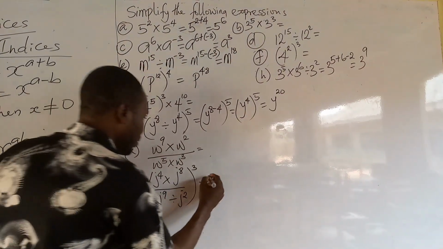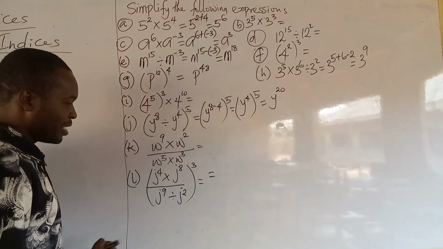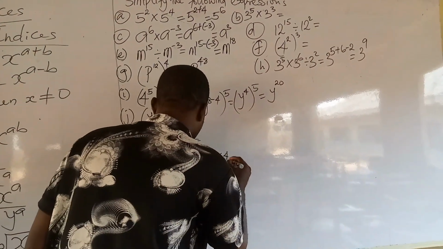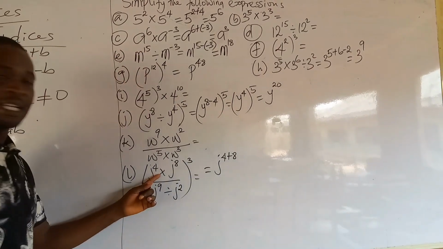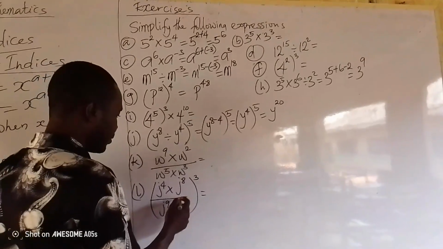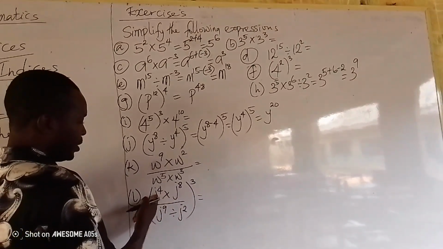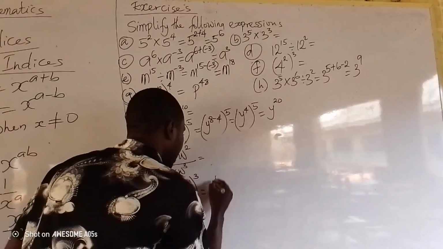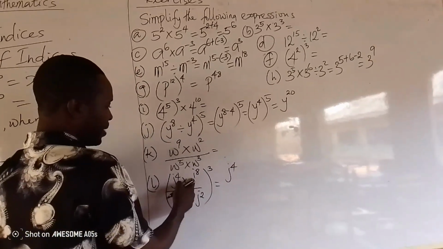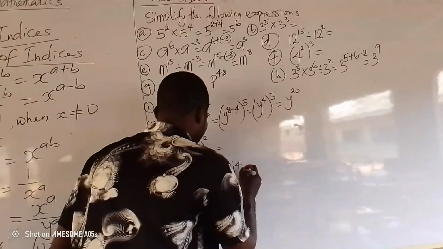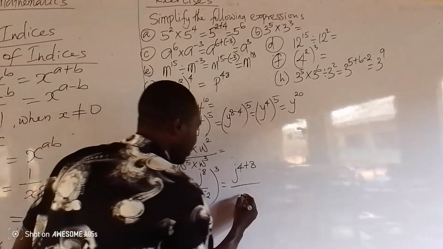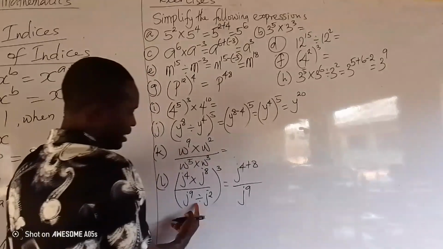So let's treat the numerator first. That is j raised to power 4 plus 8, as you can see at the numerator. Now for L, as you can see, you have j raised to power 4 at the numerator, j raised to power 8. So the base numbers are the same, j and j, so we can say 4 plus 8, and at the denominator we have j raised to power 9, and this is division.